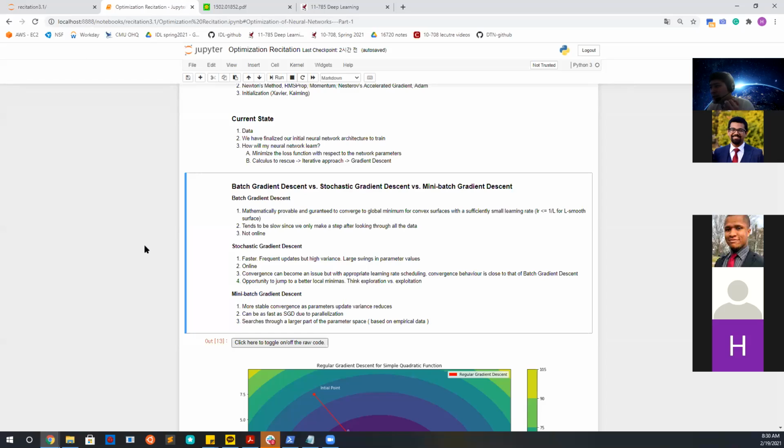But the downside is it has high variance, because you're updating your parameters according to each single sample of data, which can swing your parameter values too much. But it can be done in an online fashion. Because of that, convergence usually becomes an issue with SGD.